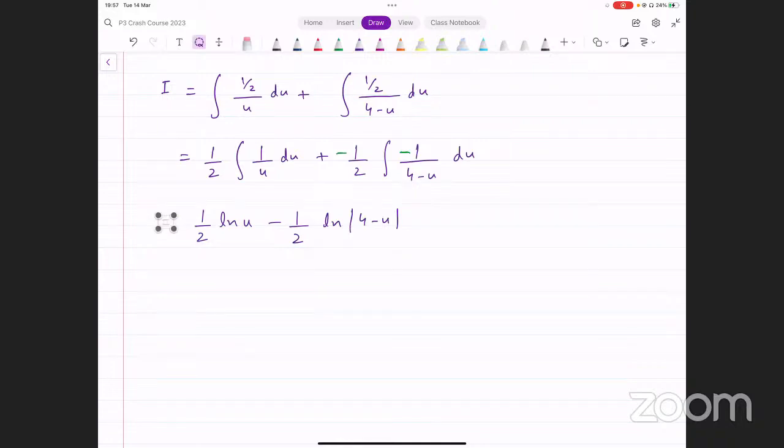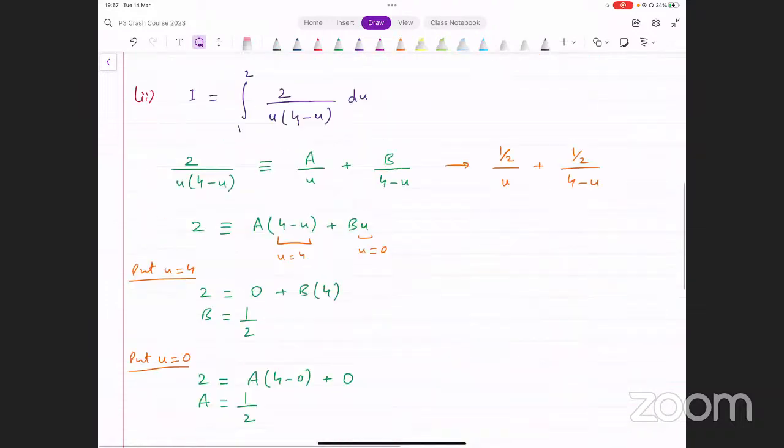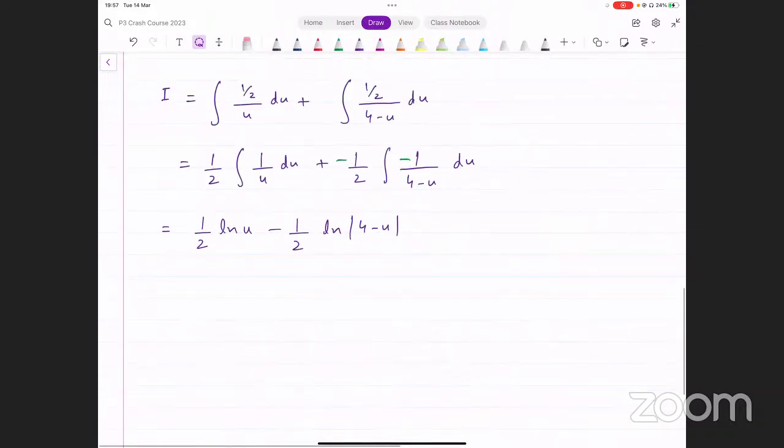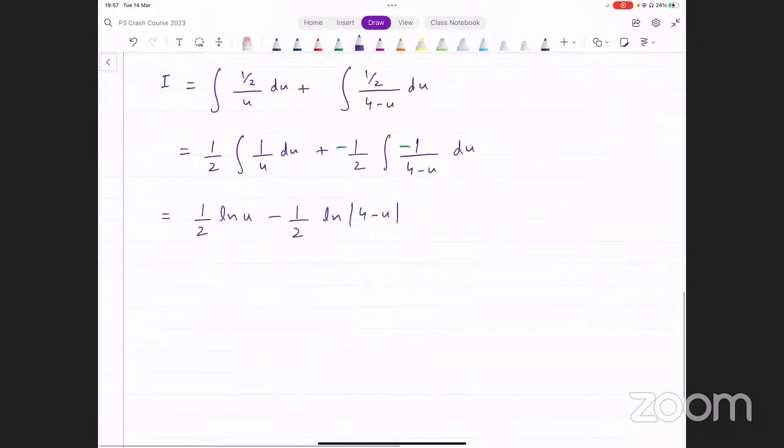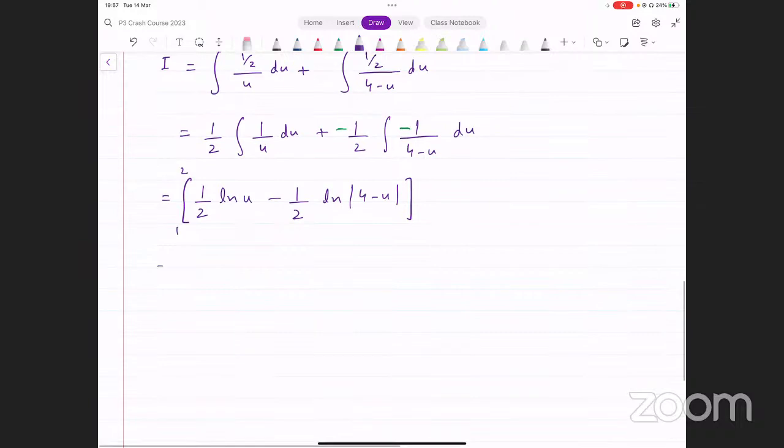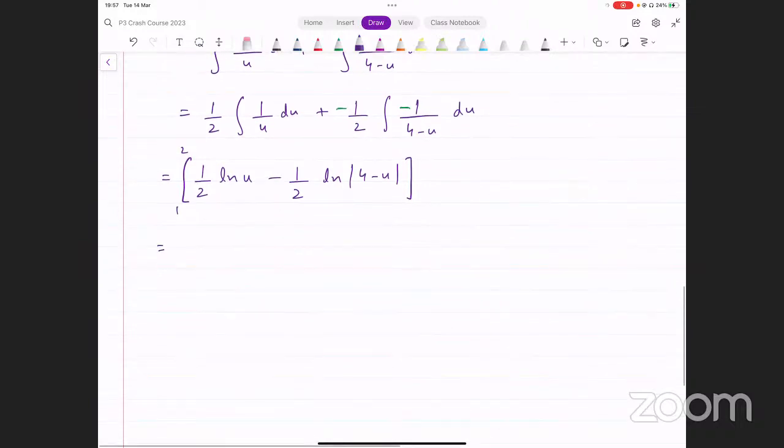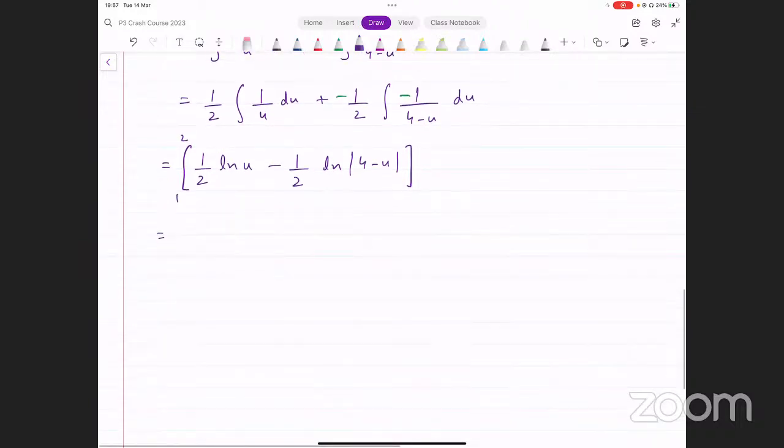Now you can input those limits. What were the limits? The limits were from 1 to 2. Let's input the limits and see what that gives us. Now we could actually write half outside, which will simplify our calculation a bit.